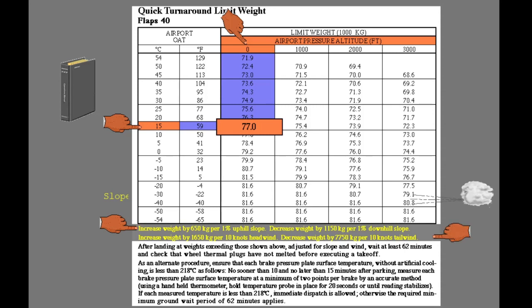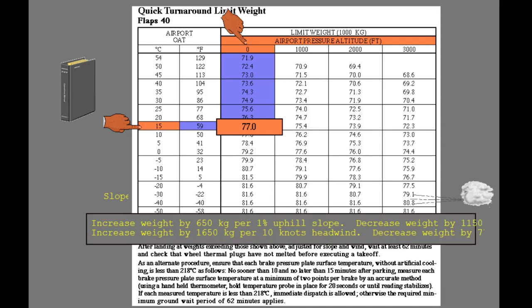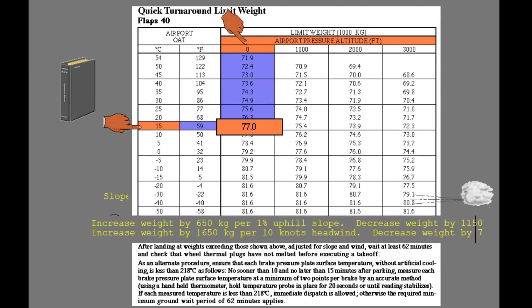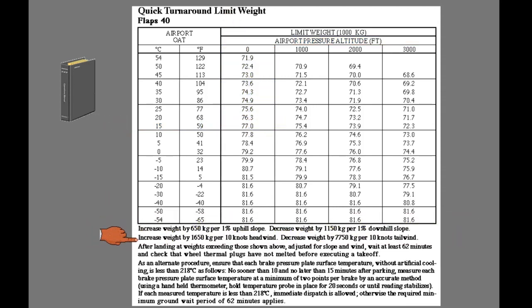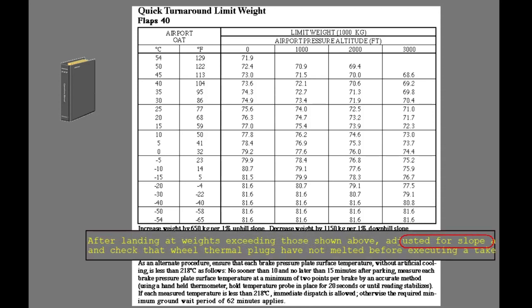Notes at the bottom of the table provide weight adjustments for slope and wind. The required ground time, which varies by airplane model, is also noted at the bottom of the table for cases when the quick turnaround limit weight is exceeded.